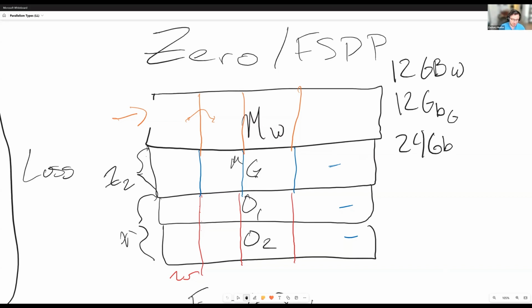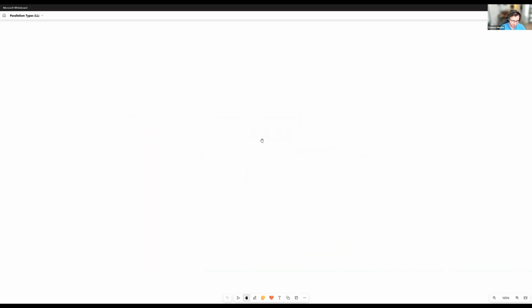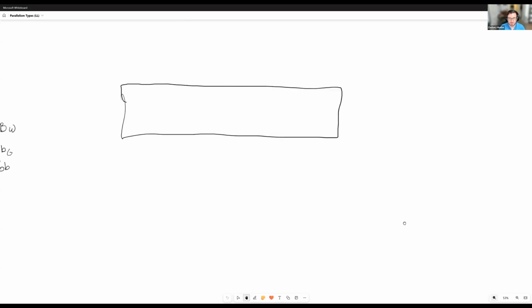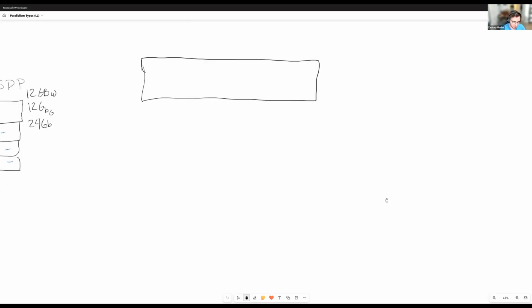Now, the next idea is what we call pipeline parallelism. The general idea of pipeline parallelism is, rather than sharding the model, I'll zoom out a bit, slide over some. So rather than sharding the model, we just partition it instead. We're going to do the same thing where we have 4 different chunks of the model weight.